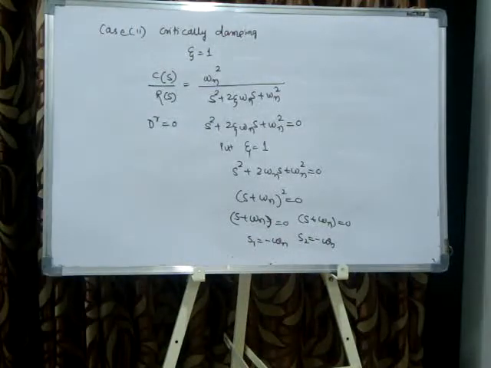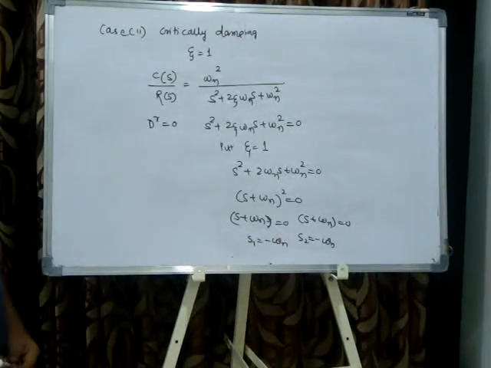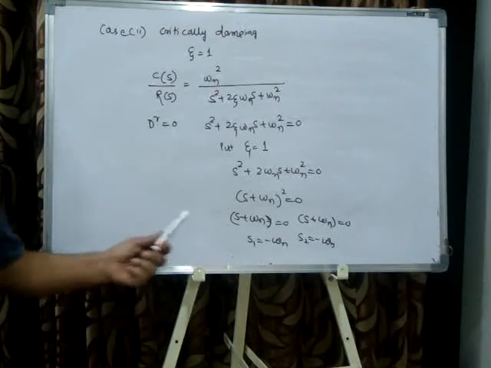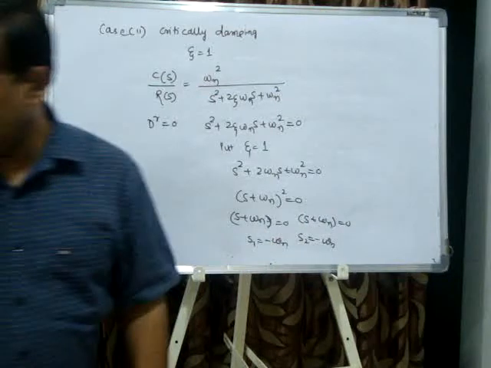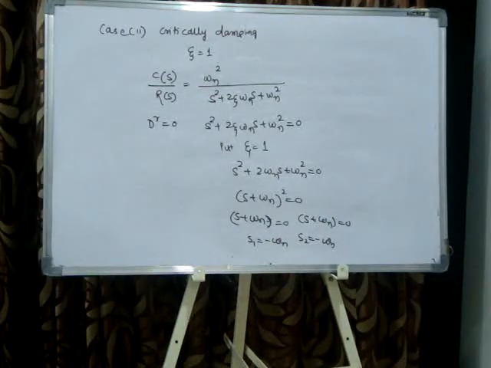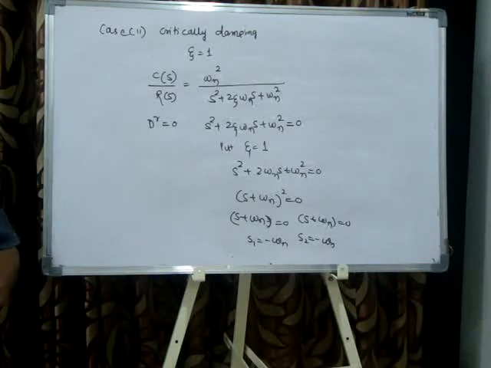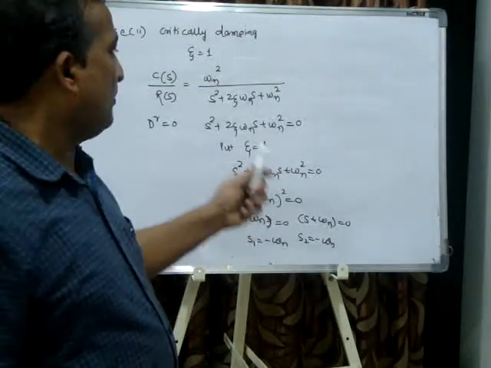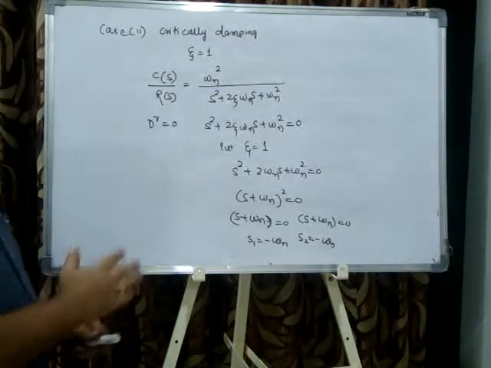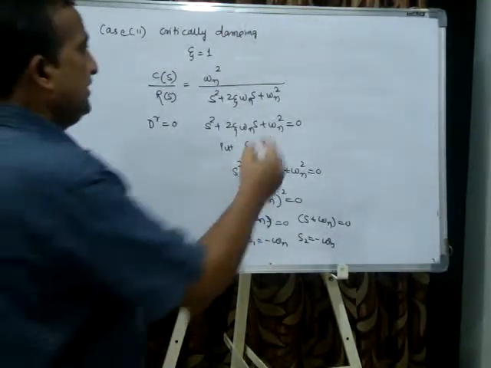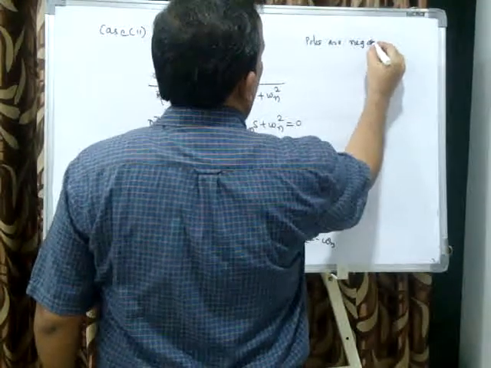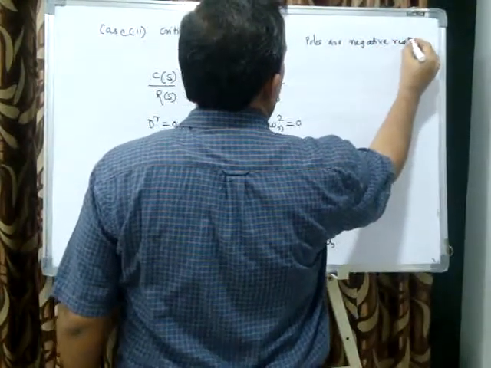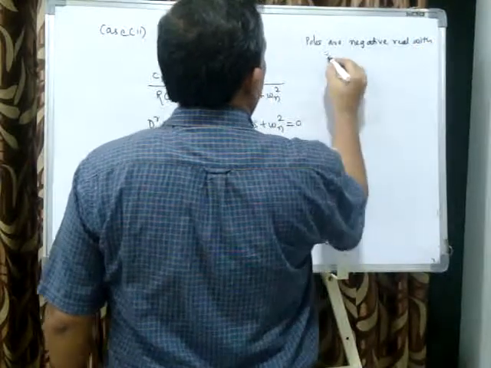Now what is the nature of poles? Negative real with repeated. In the previous case, negative real with complex, when zeta is less than 1. Exactly when zeta is equal to 1, the poles are negative real with repeated. Means what?